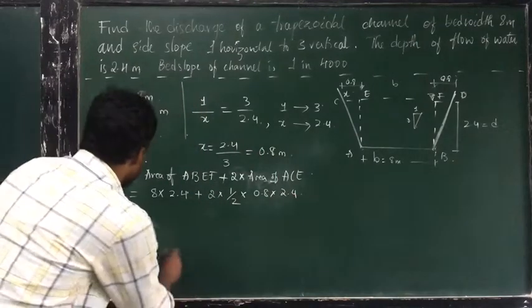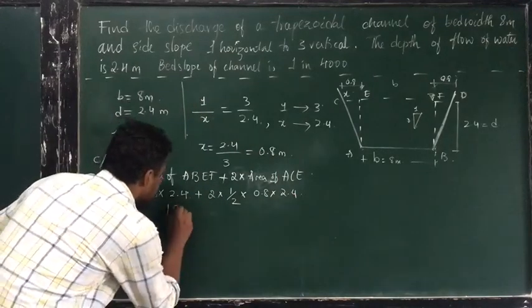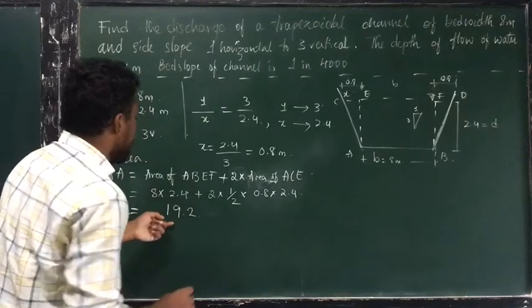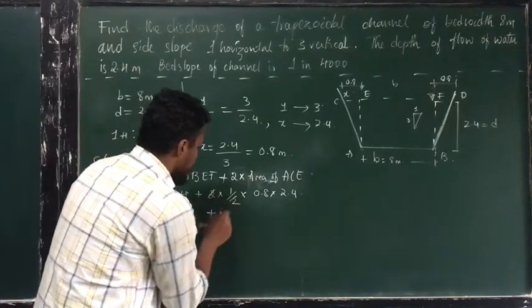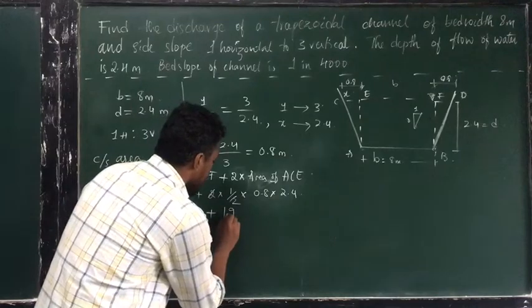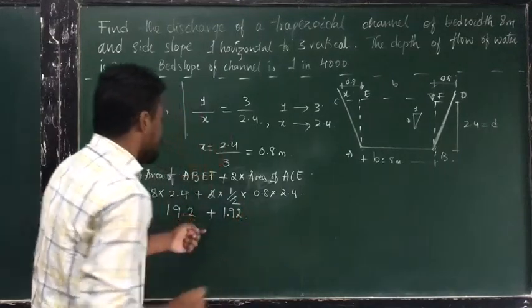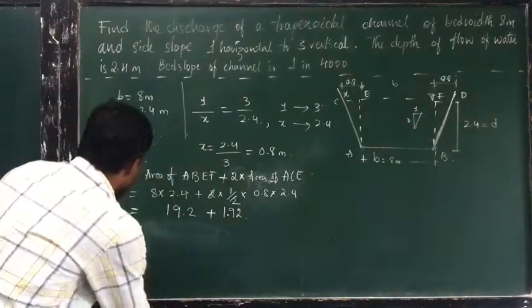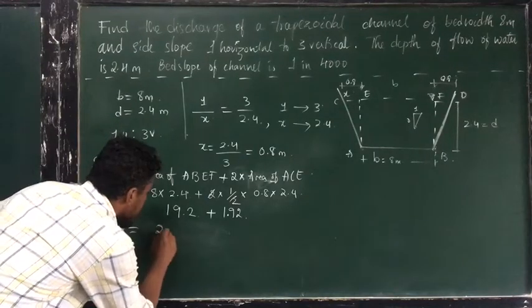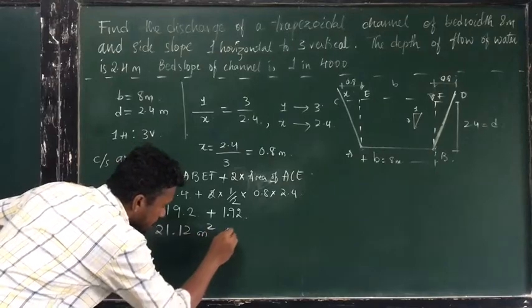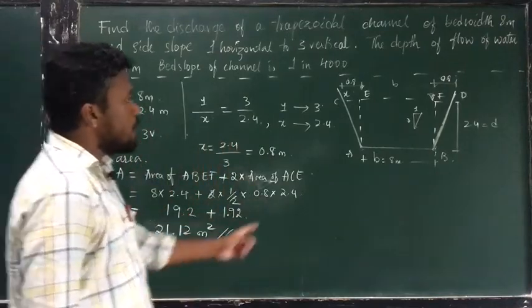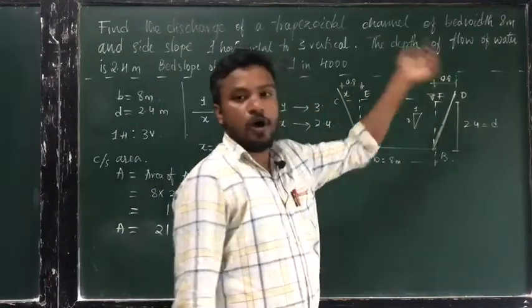So substitution is 19.2 is area of rectangle shape plus, 2 get cancelled, it is 1.92. So area is 21.12 meter square. So now we got the cross sectional area of this shape.